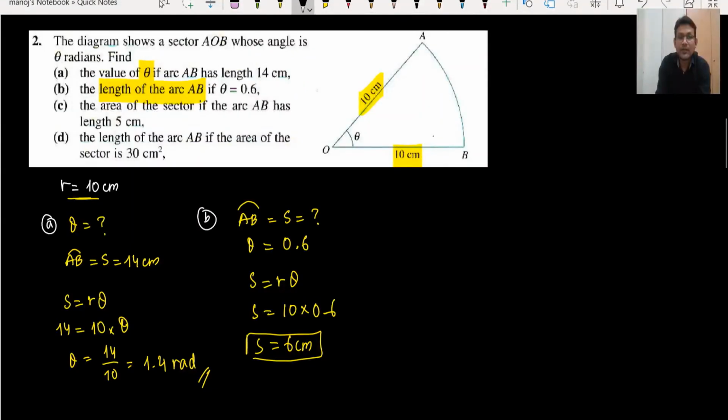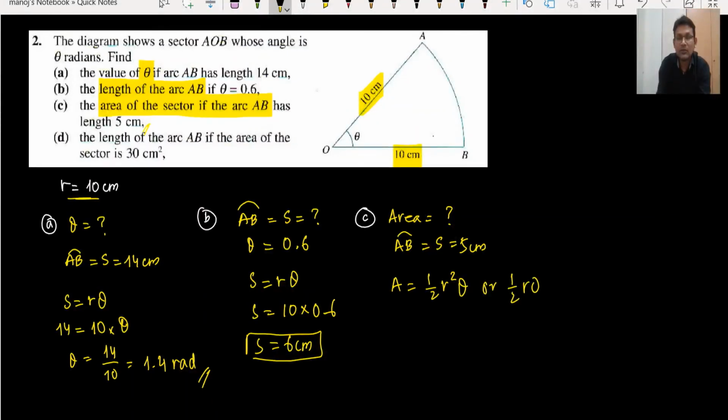Moving to part C, R is fixed, and then we have to find the area of the sector of AB. Area of the sector is required, and R is fixed, and the arc length AB, which is S, is equal to 5 centimeter. This is here, 5 centimeters. So now, for area, we have two possibilities, half R square theta or half RS. So what is given? S is given and R is given.